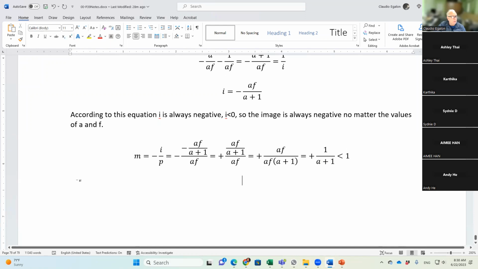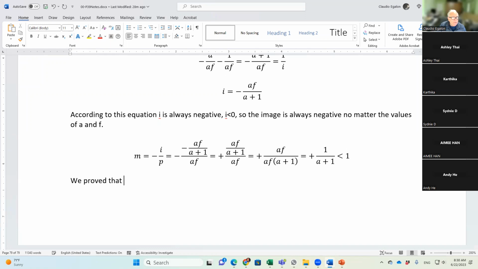So here you go. We proved that at any position of the object, the image of the object will always be virtual.